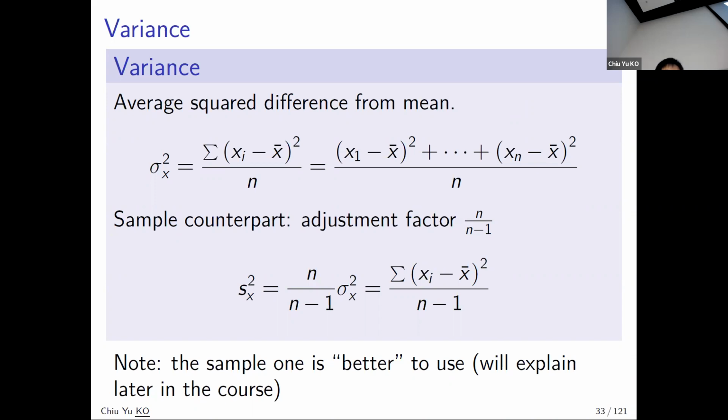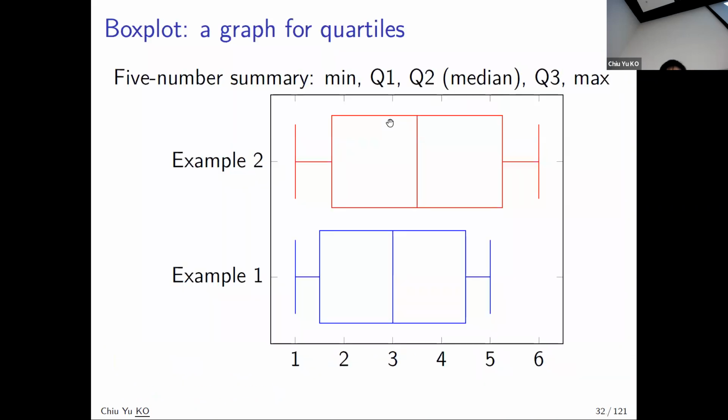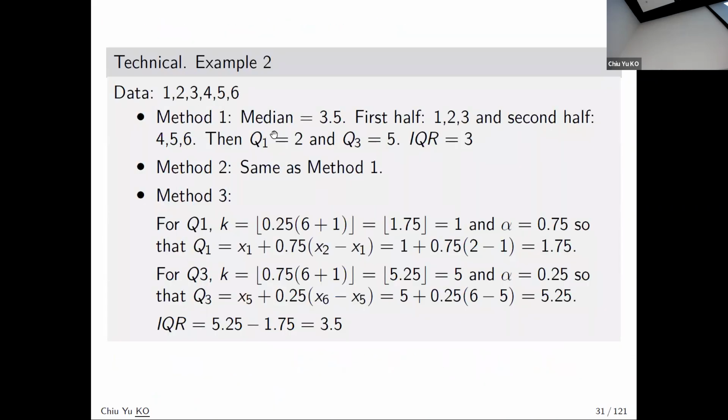We still look at the 25% and 75% of the data. If something moves but doesn't change the ranking, it still has no impact. What I mean is, suppose the data is 1, 2, 3, 4, 5, 6. If 6 goes up by 1, the IQR is the same.